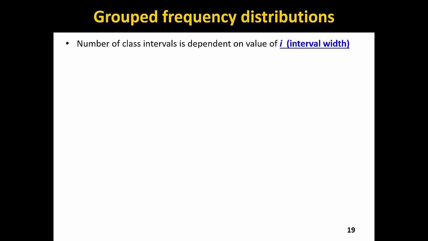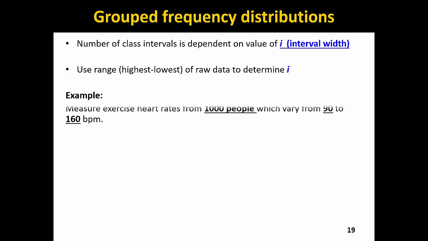The width of the interval will capture scores within those predefined limits. So the first step to determine I is we go to the raw data and we use the range, which is basically the difference between the highest individual score and the lowest individual score.